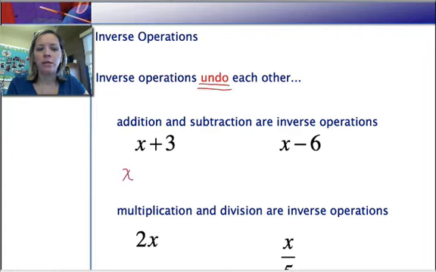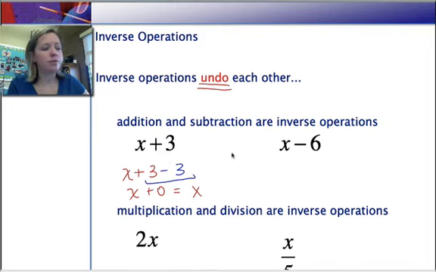So if I had the expression x plus 3, and then I subtracted 3, well, we know that 3 minus 3 is 0. So now this expression becomes x plus 0, and that, of course, is equal to just x. So we're undoing the operation of addition by subtracting.